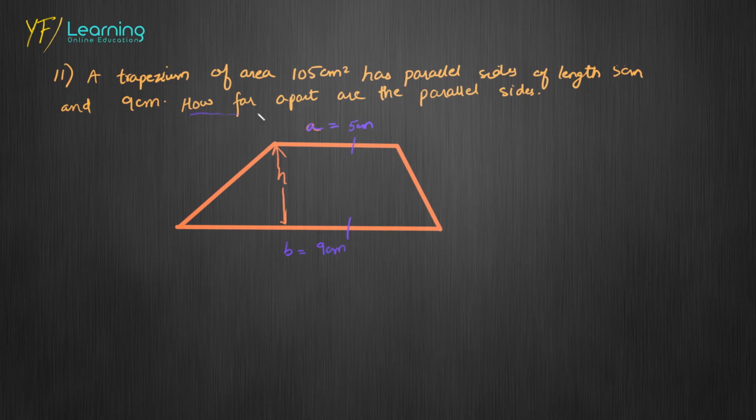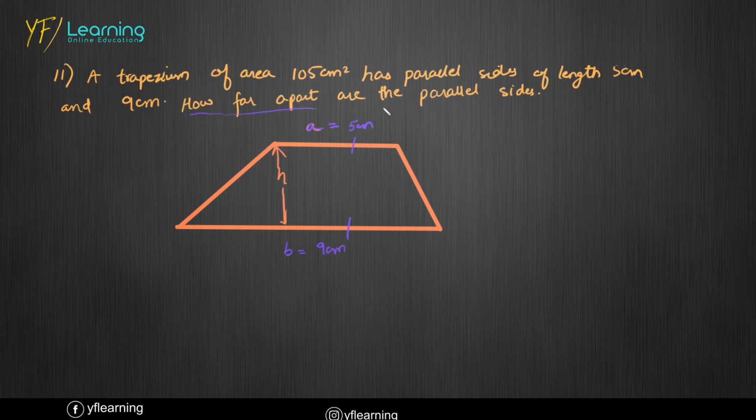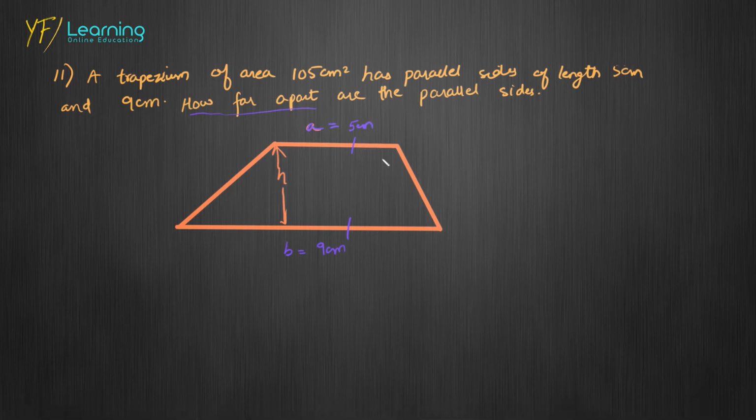In the question they ask for how far apart are the parallel sides. So they are asking about height. So we need to find the distance between parallel sides and it is height.